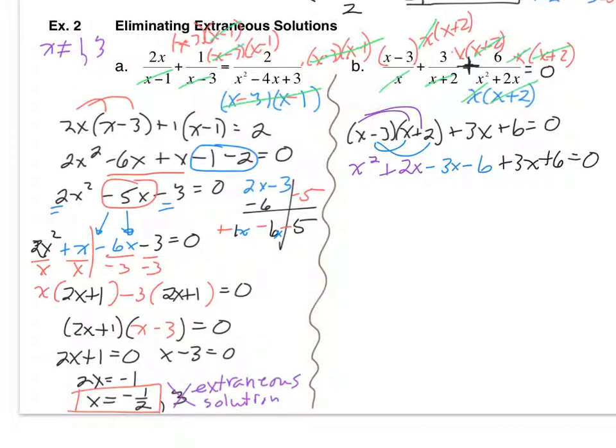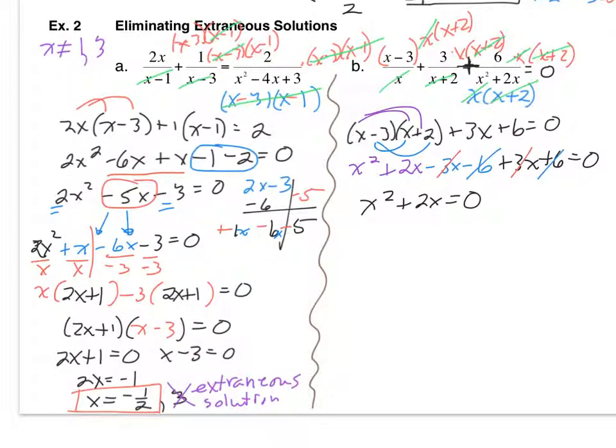Don't several things cancel out? So we're going to cancel out the negative 3x and the positive 3x. We're going to cancel out the negative 6 and the positive 6. And that leaves us with x squared plus 2x equals 0.